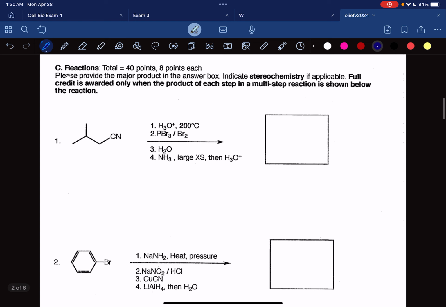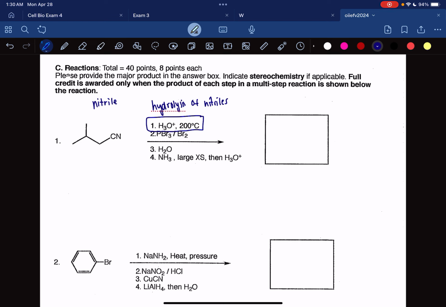So for the first one, we have a CN. So this is a nitrile. Okay. And whenever you hit a nitrile with acid and heat, this reaction is called the hydrolysis of nitriles.